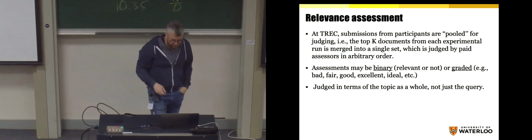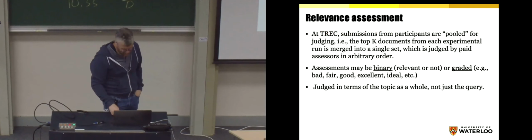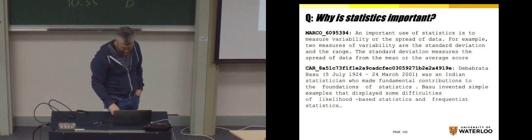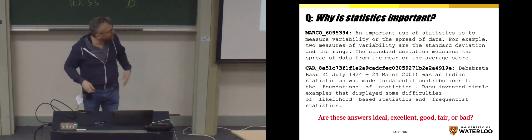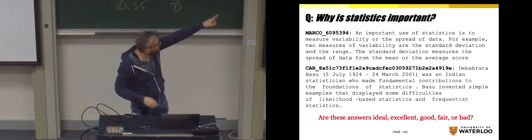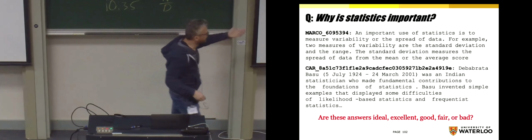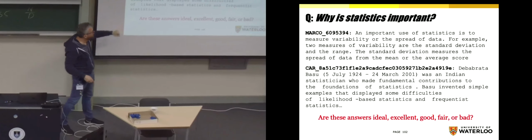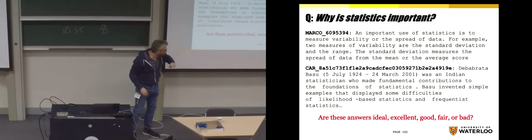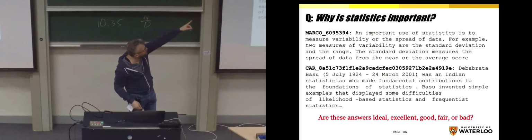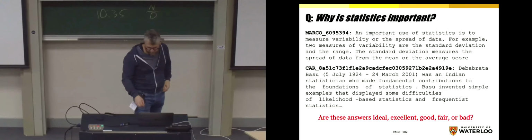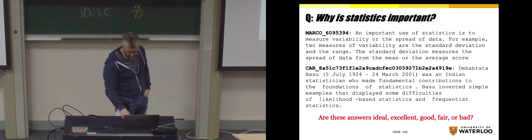So they pooled it, labeled it, and in this case the top one would probably be labeled ideal and the bottom one would be labeled, it's not bad, it's just fair. I think those are actually the words they used.